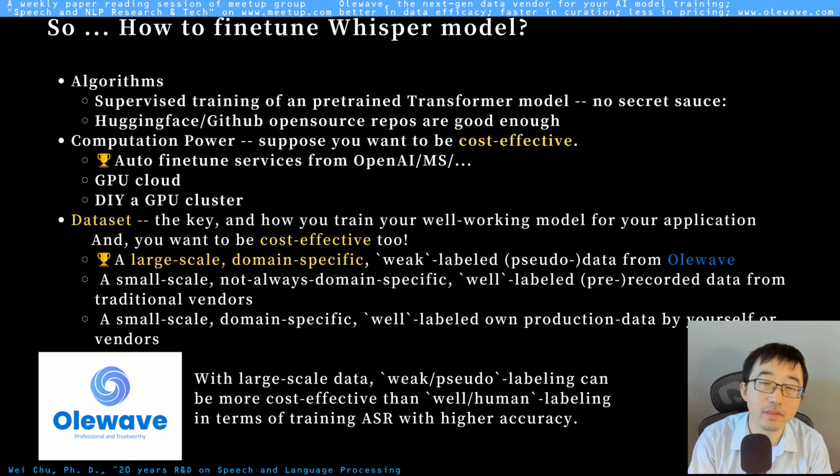And the problem with this is that read speech data are different from improvised speech data. So when I'm talking to you, I'm speaking improvised voice, okay? So read speech and improvised speech are different.